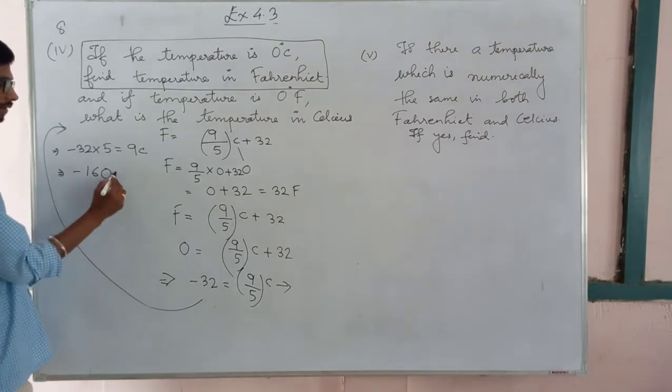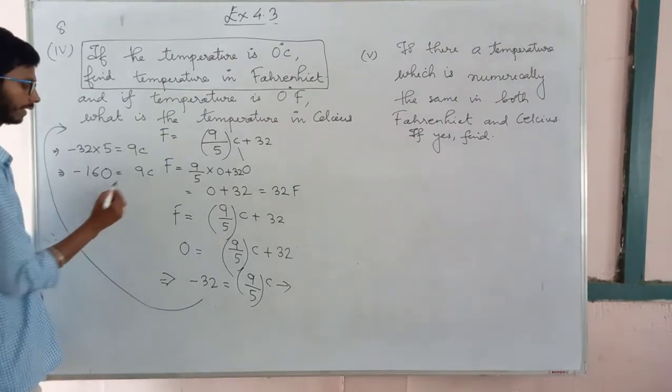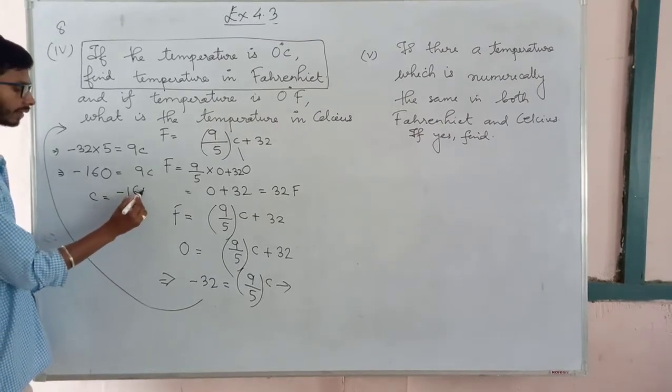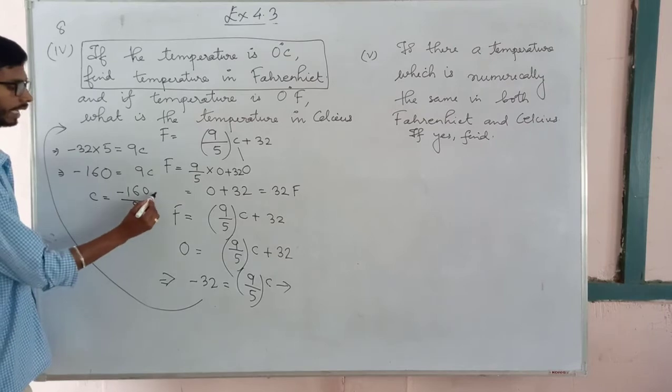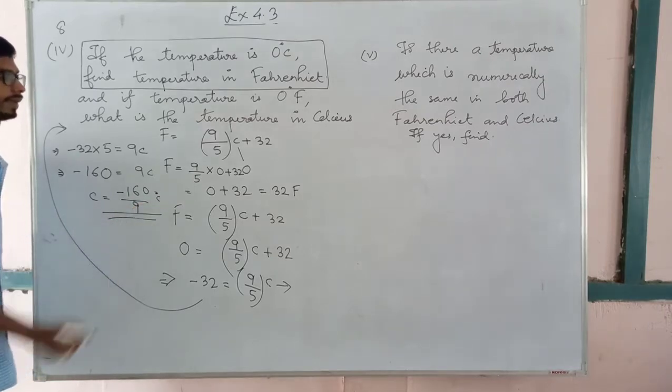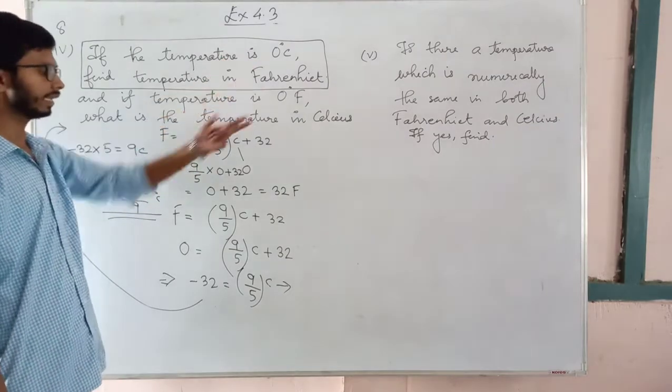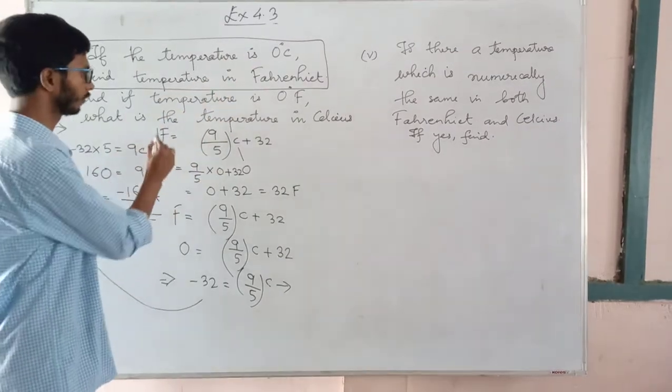So minus 160 equal to 9C. So C is equal to minus 160 divided by 9 degree Celsius. So very simple, you just have to put the value of C and F in this formula.